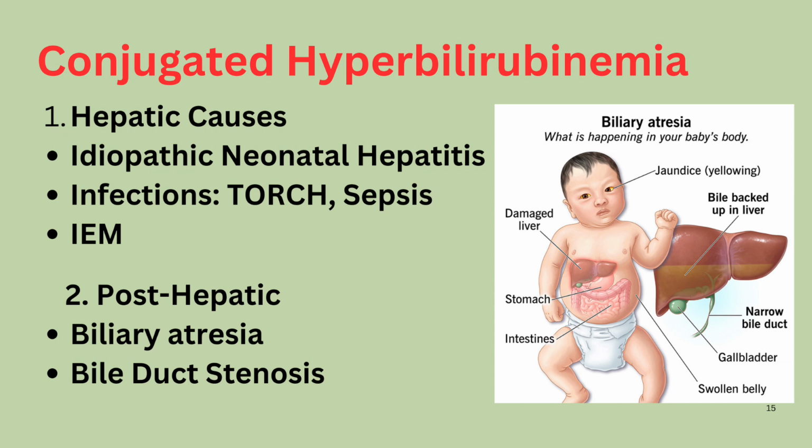Hence, the bile remains in the liver, causes increased level of bilirubin, that in turn causes hyperbilirubinemia. This is about conjugated hyperbilirubinemia.